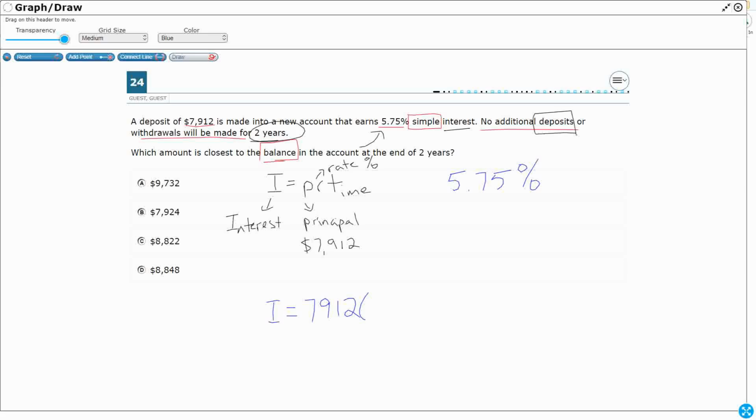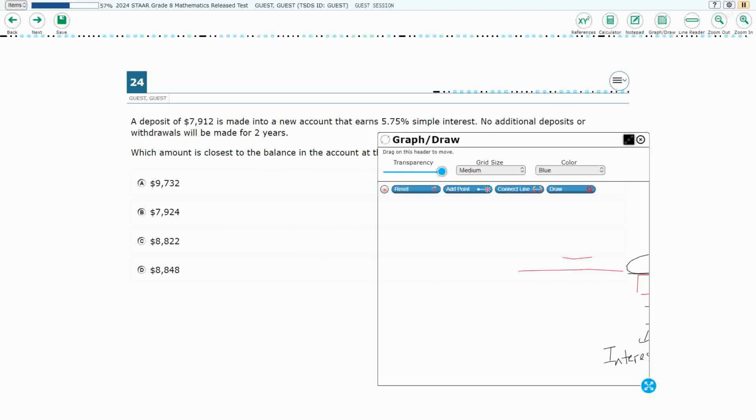Which means they go over 100. So if we want to move it over 2 times to the left, that's the same as dividing it by 100. So it's going to be 0.0575. And then my time is simply 2. All right, so there we go. That's going to get me my interest.